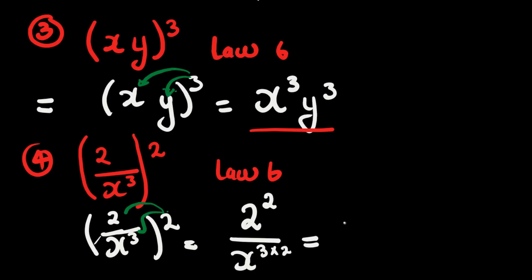And this is equal to 2 to the power of 2, which is 4, right? So this is 4 over x to the power of 3 times 2, which is 6. And this is our final answer. This is how we answer question 4. Let's move to question number 5.